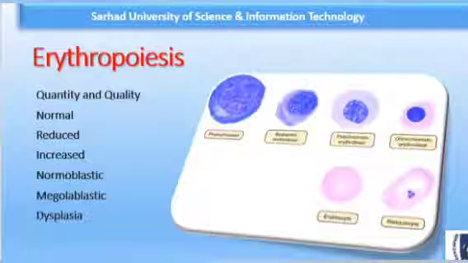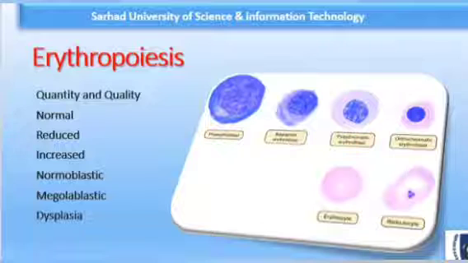This is erythropoiesis. What you are looking for in erythropoiesis is the quantity and quality, whether it is normal, reduced, or increased, and whether it is normoblastic or megaloblastic.